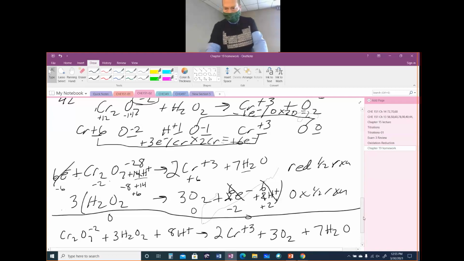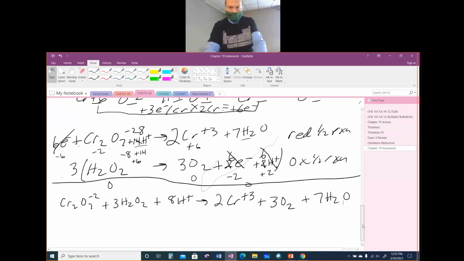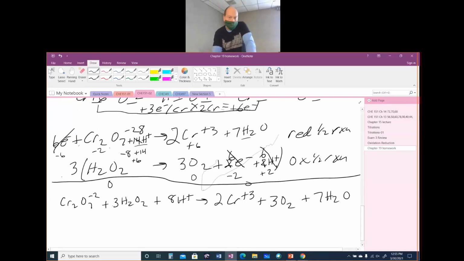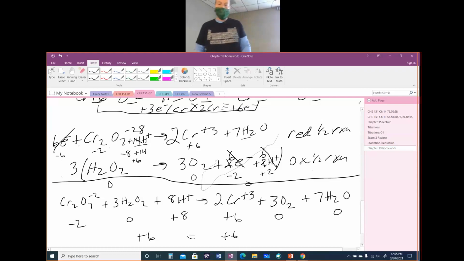All right, and so we want to check our charge on both sides, to make sure we have the same charge. We have our -2, we got our 0, we got our +8. So we have a total of +6 on the left side. We have 2 Cr 3+, so +6, oxygen 0, water 0, +6 is equal to +6. And so you have a balanced oxidation reduction reaction.